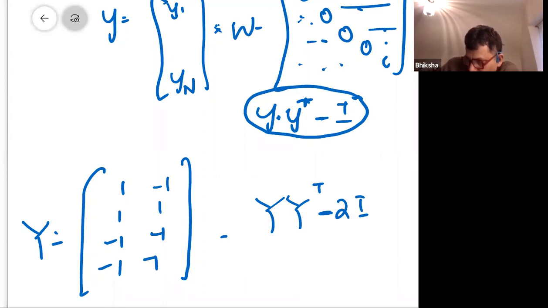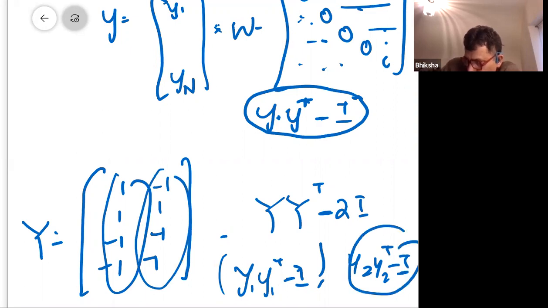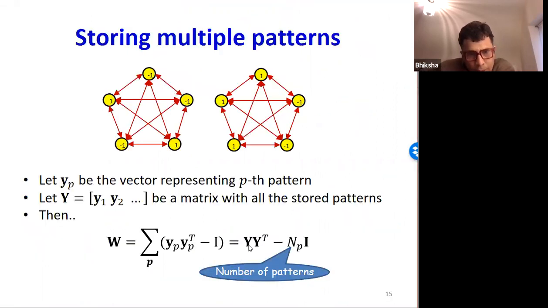Because the weight matrix for the first one is Y1 Y1 transpose minus I. That's what I get from this one. For the second one, I get Y2 Y2 transpose minus I, which is what I get from this one. And when I sum these two, this just ends up being this matrix equation, okay? So I can just write the matrix equation in this manner. That's Y times Y transpose minus NI.